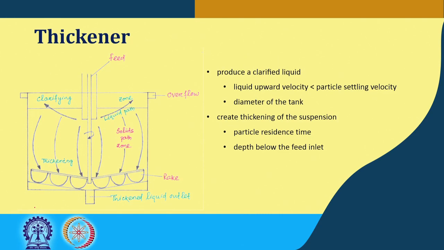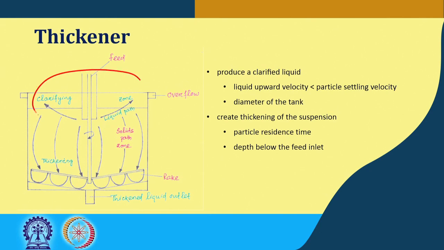Now, we have seen its working principle, and earlier we studied the derivation of the expression for flux for net upward as well as downward flow. Because in a thickener we basically have two zones.